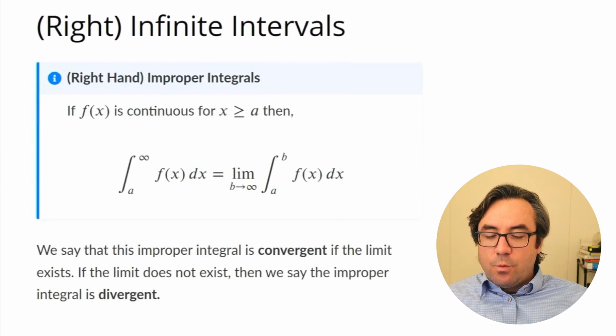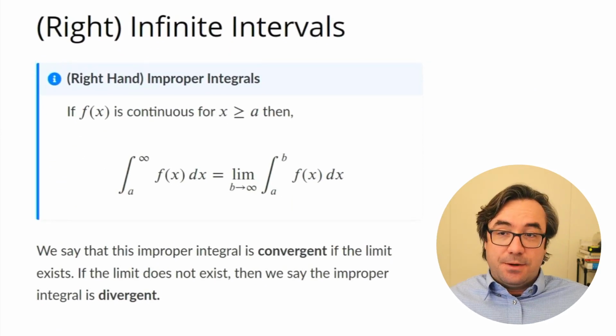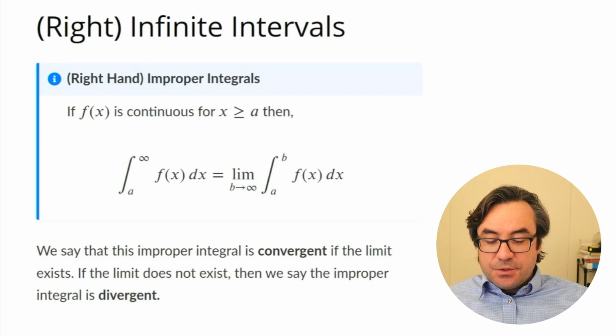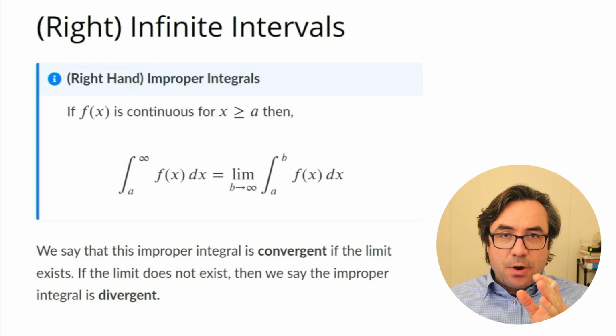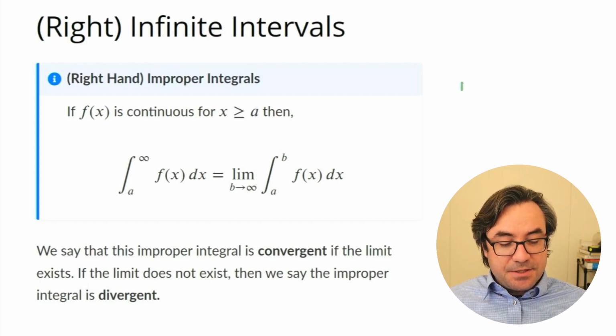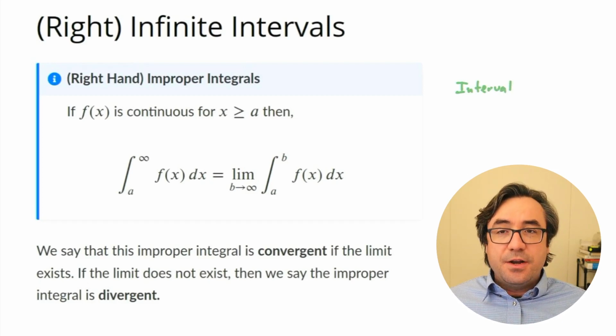And we're going to start with one particular direction. So our direction here is when we have this interval starting at some number a and extending to infinity. So this is the case when it's no longer a finite interval, it's an infinite interval.